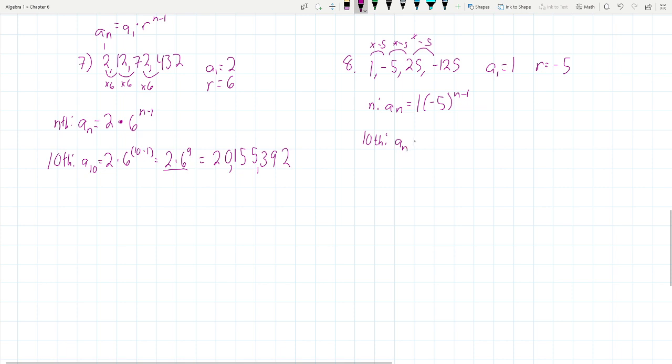So a sub 10 equals 1 times negative 5 to the 10 minus 1, and I can just leave off the 1 at this point. Negative 5 to the 9th. And negative 5 to the 9th is negative 1,953,125.